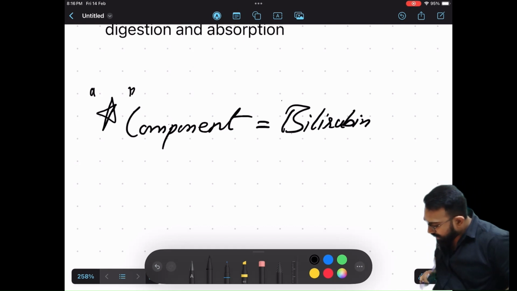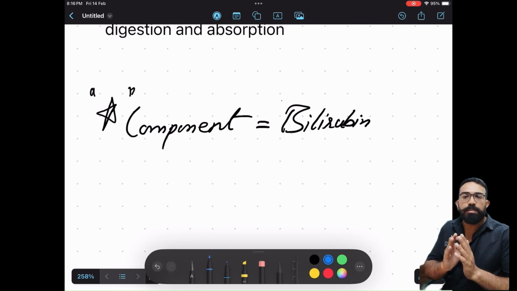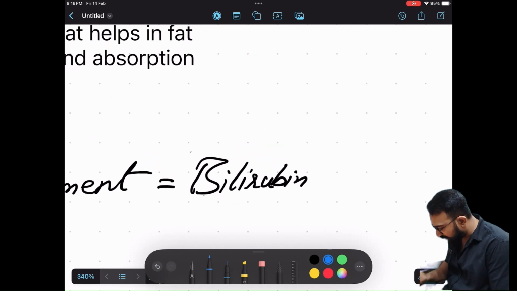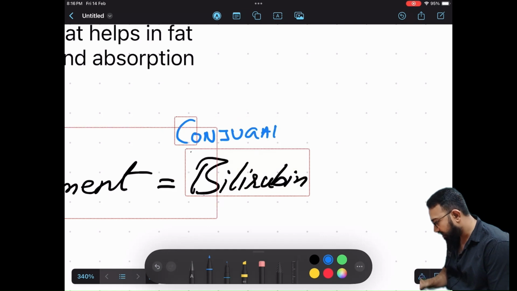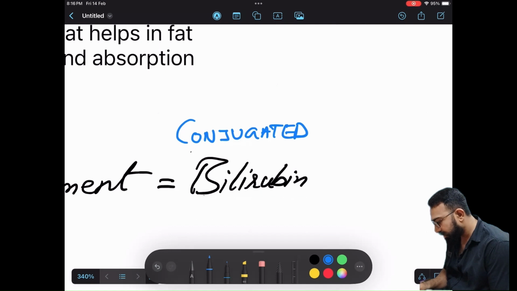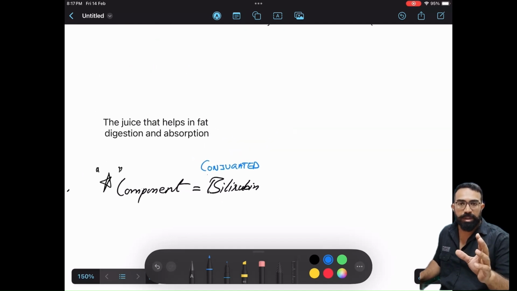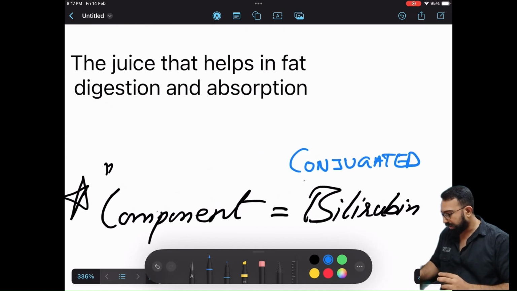Now this is not just any bilirubin we are talking about. Here, what you need to know, the important component of bile is conjugated bilirubin. Bilirubin metabolism we will discuss in a second.